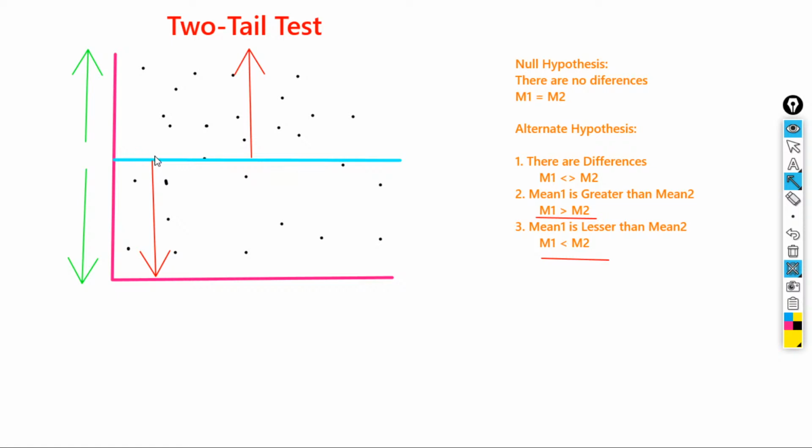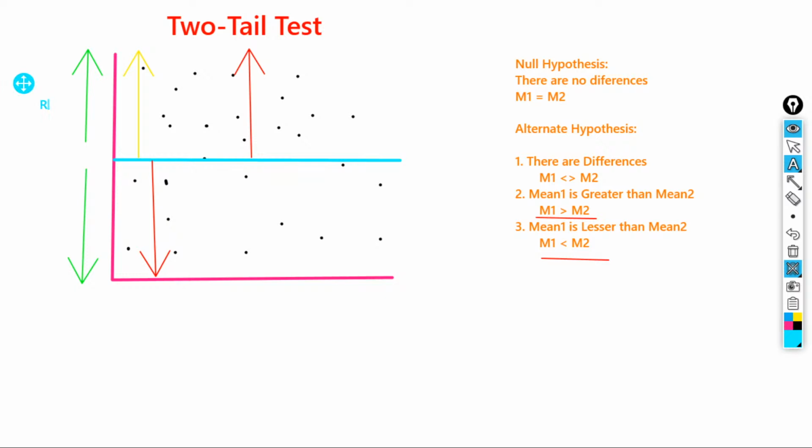The machine will consider only the values that are above the mean value. So it will perform the test only in one direction. If it performs right side to the mean value, I'll write the directions so you will be able to understand this better.